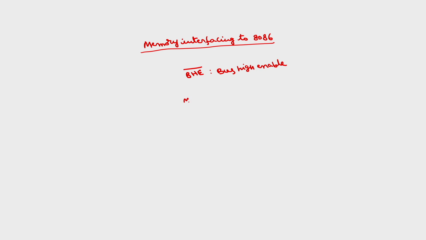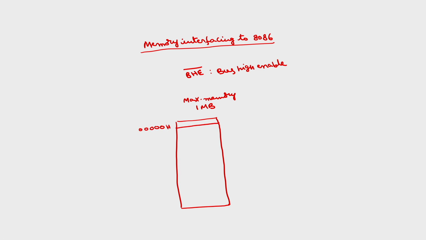The total maximum memory of 8086 is 1 megabyte, starting with 00000H to all F's, FFFFFH. This is the maximum memory. But each location is capable of storing only 8 bits of information. Then the question is how to access 16 bits of data.